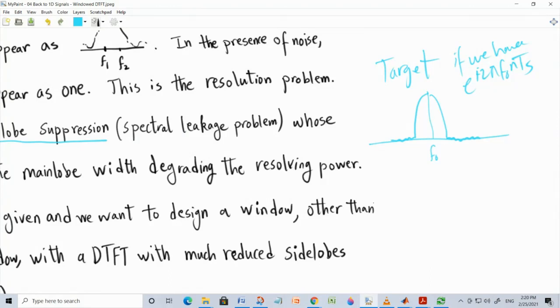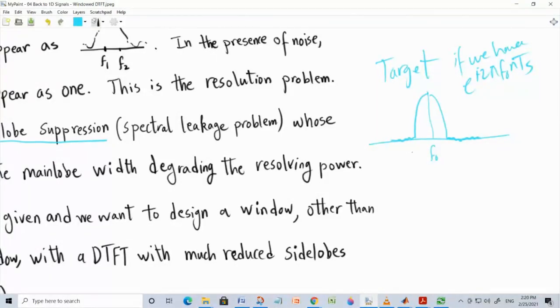And of course, since there is no free lunch, if you want to suppress those side lobes, you always increase the width of the main lobe. So by solving the side lobe problem, we are making the resolution problem worse, because the main lobe will get fatter. But we don't care, okay?